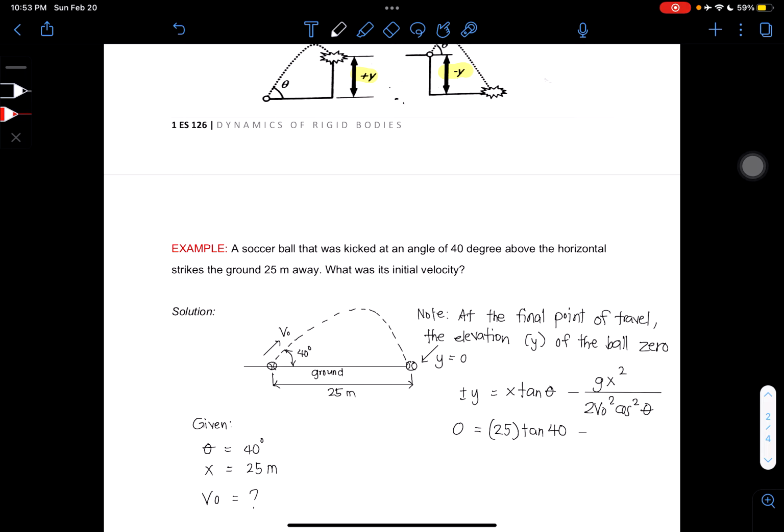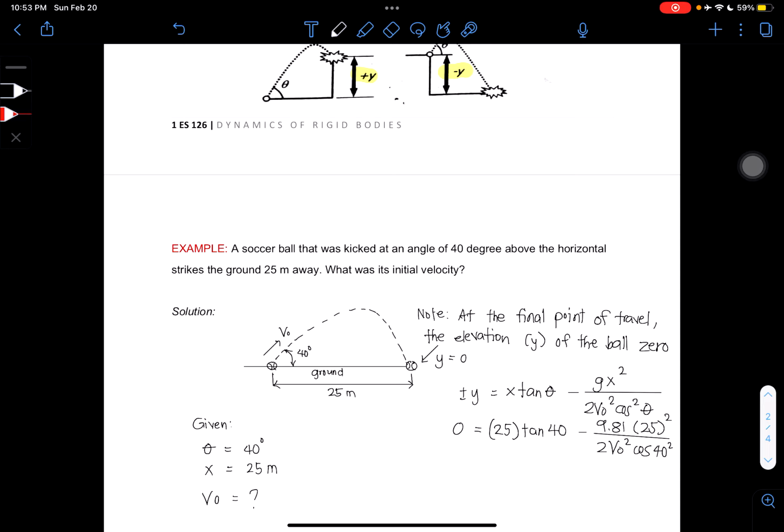Minus our gravity, since we are using meters, we will use 9.81, multiplied by our x, which is 25 meters squared, divided by 2 times our unknown V0 squared cosine of 40 squared.